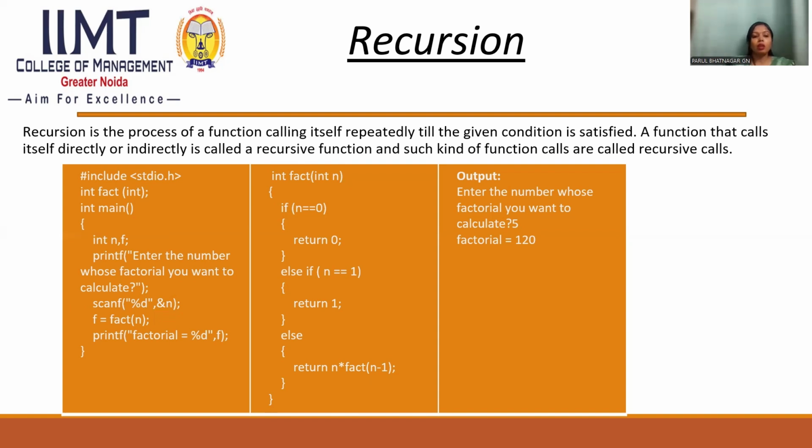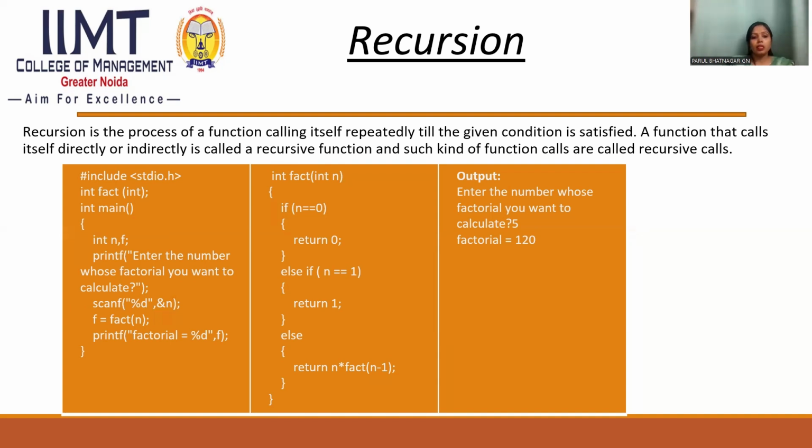Here we make a recursive function for factorial. First we declare a function named fact. It receives one integer value and it returns an integer value. In main, we call this function fact.